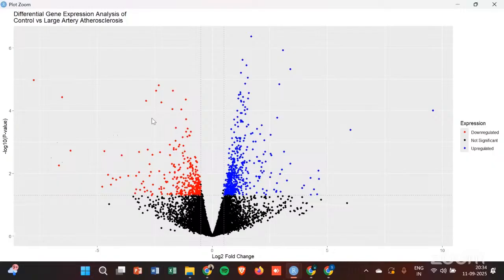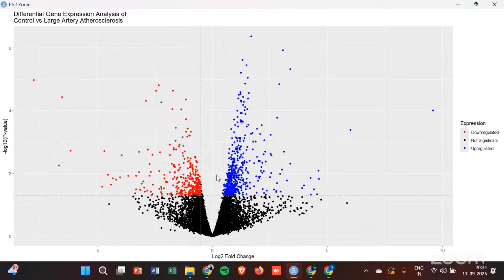The red ones are to the left of 0 and are downregulated. The key interpretation from a volcano plot is that genes to the far left or the far right, like these, are the most biologically interesting because they showed the highest log fold change, right?